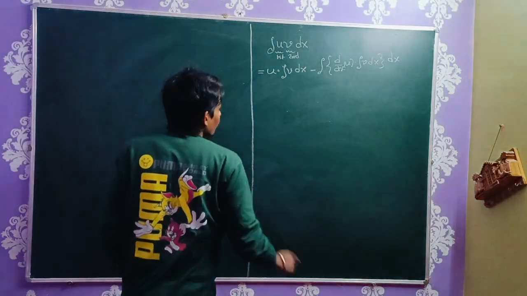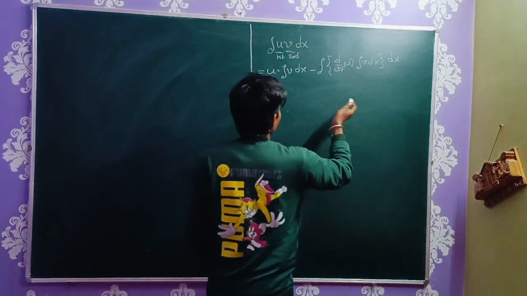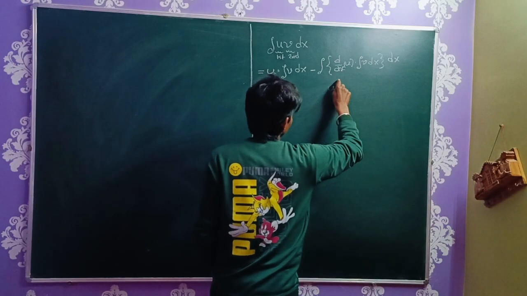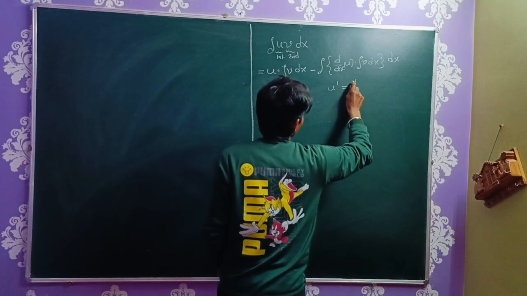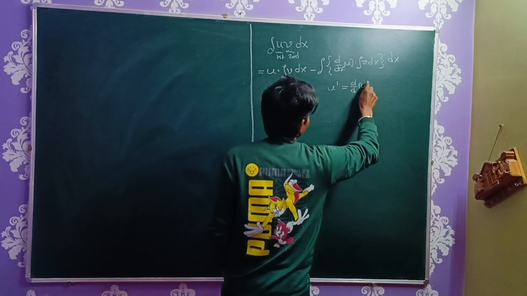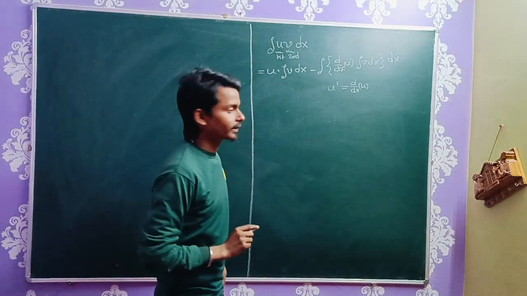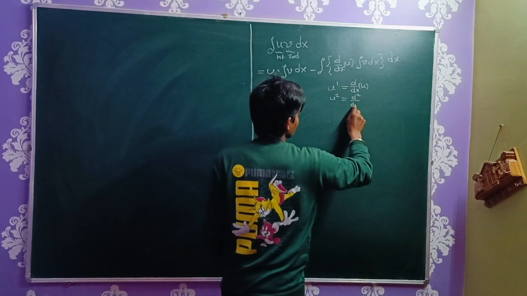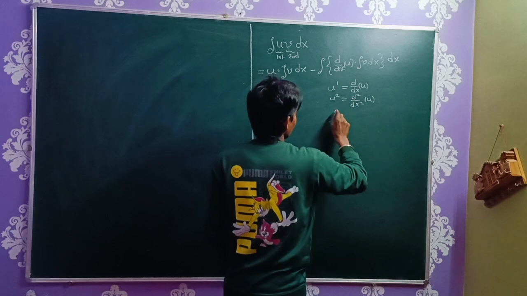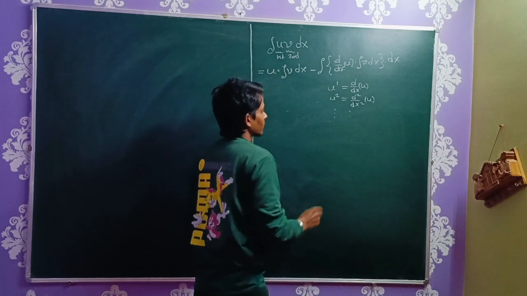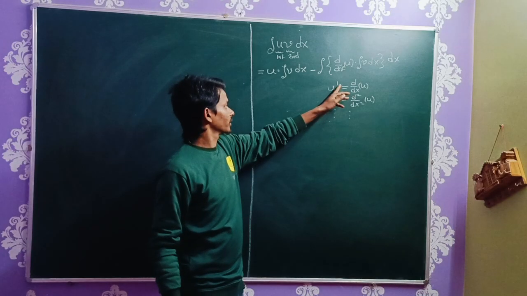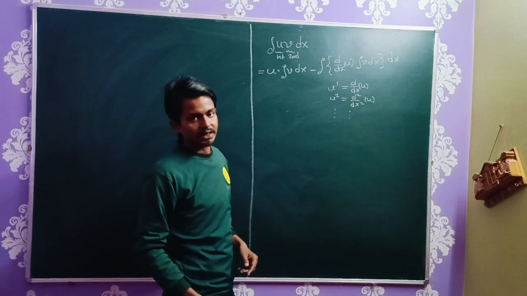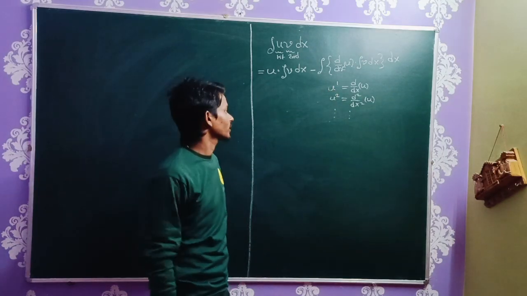Now let me introduce a notation. Let's say u1 means the derivative of the function u with respect to x, and similarly u2 means the second derivative of u with respect to x, and so on. Whenever I write a number in the power, it means you are taking the derivative of that function that many times.